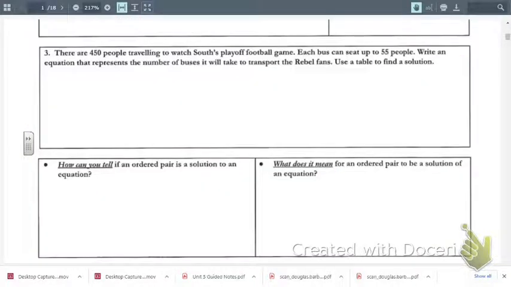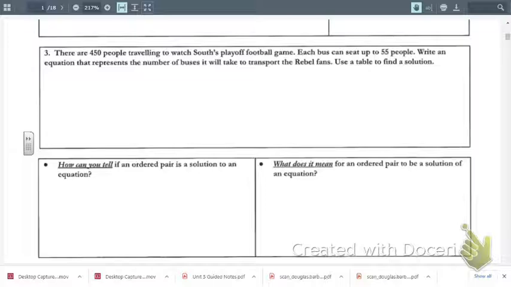Alright, in problem 3, it says there are 450 people traveling to watch South's playoff football game. Each bus can seat up to 55 people. Write an equation that represents the number of buses it will take to transport the Rebel fans. Use a table to find a solution. Alright, so let's define our variables first.